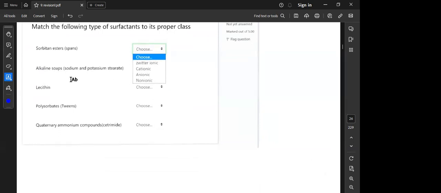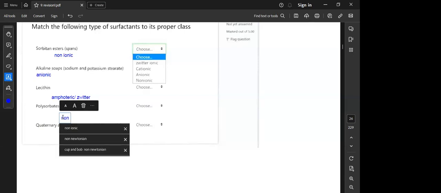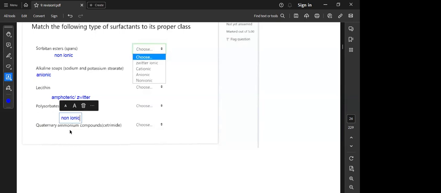And remember an ionic. Lecithin is a zwitterion. Alkaline soaps are anionic. Polysoap is nonionic.